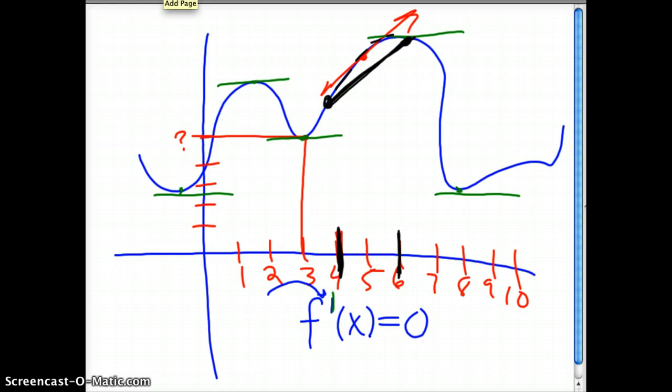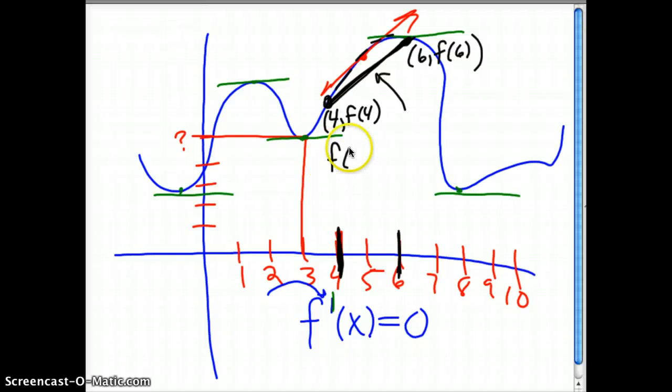So from 4 to 6, I'd have 4 and whatever the y value is at 4, and over here I'd have 6 and whatever the y value is at 6. The slope of this secant line is my average rate of change. So that would be f of 6 minus f of 4, change in y over change in x, over 6 minus 4.